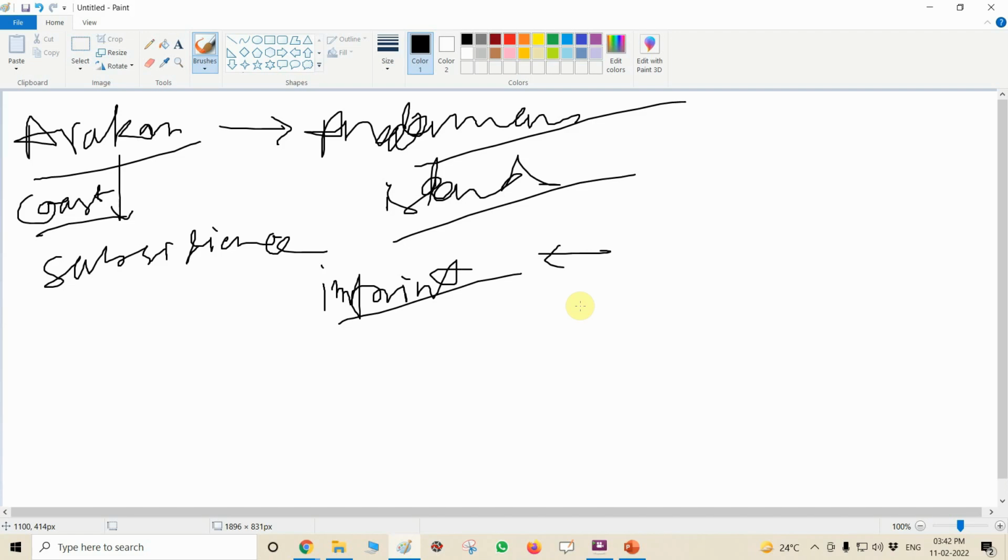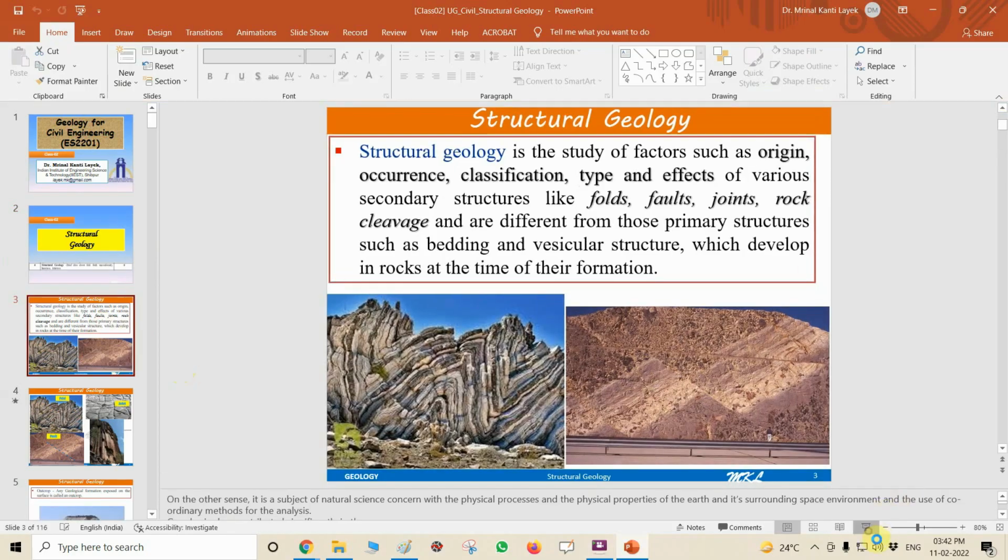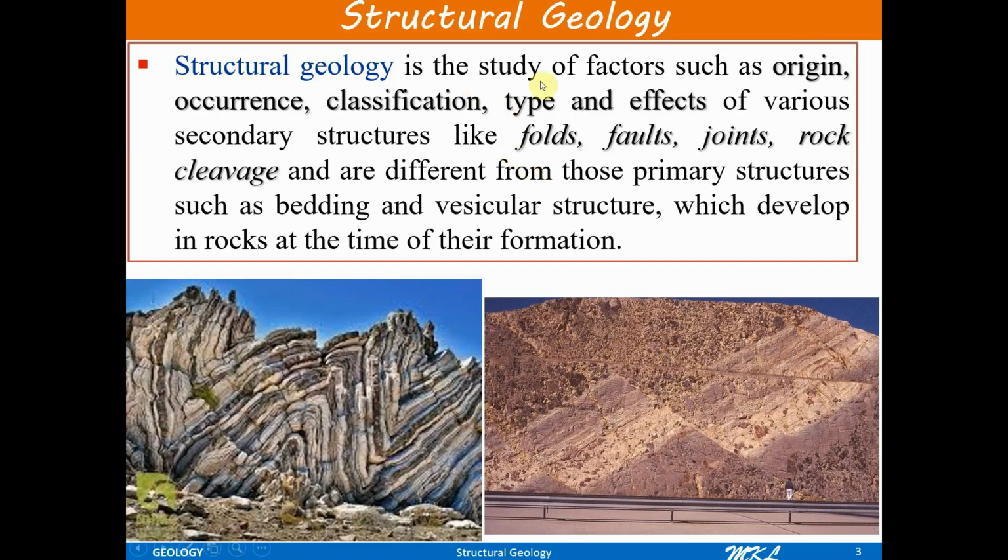Other than that, it also has economic importance, which I will discuss when I discuss fold, fault and joint. So structural geology is the study of factors which consider the origin, occurrence, classification, type and effects of various secondary structures.